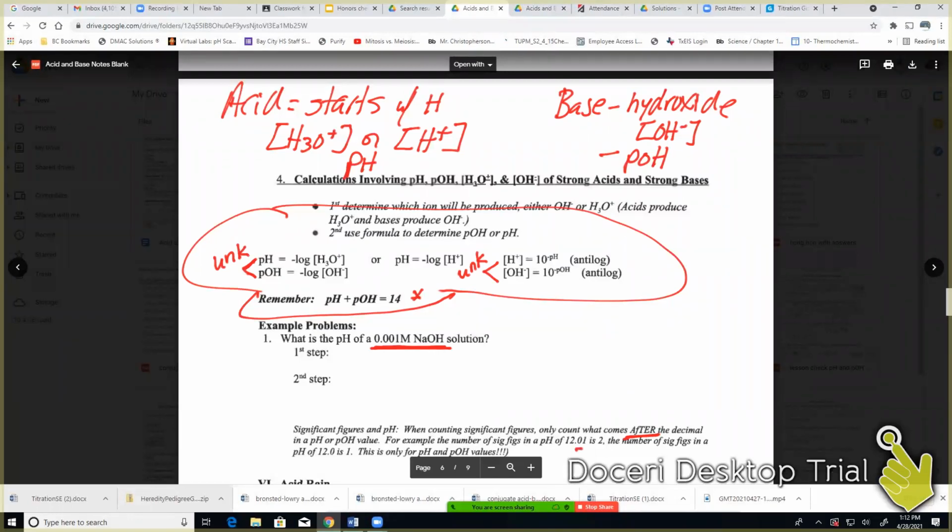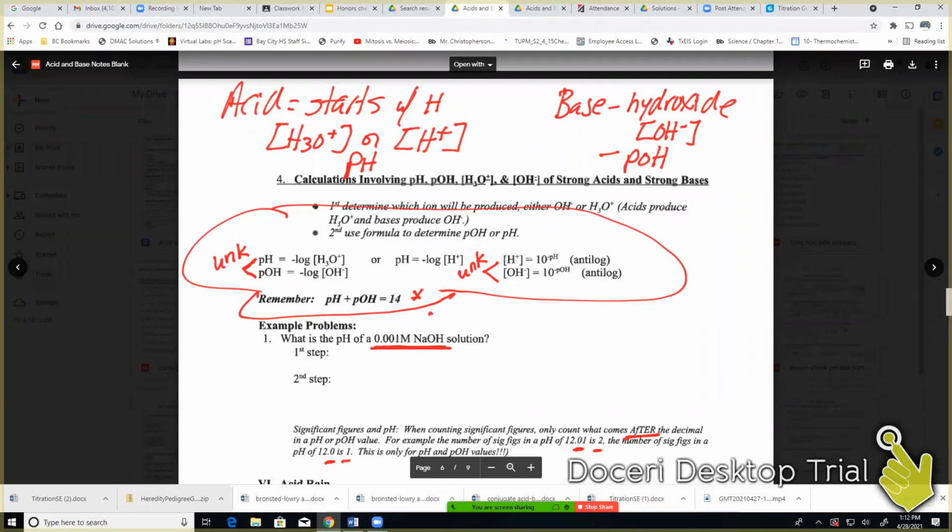So 12.01, I have 2 places behind the decimal, so that means it has 2 significant figures. 12.0, I have 1 place behind the decimal, so that means I have 1 significant figure. If you're given the concentrations like we are in this problem right here, that's going to determine my sig figs. If I'm given my pH or my pOH, that will determine my sig figs.